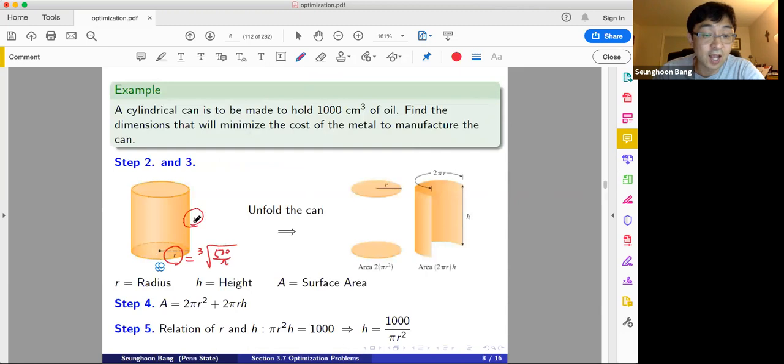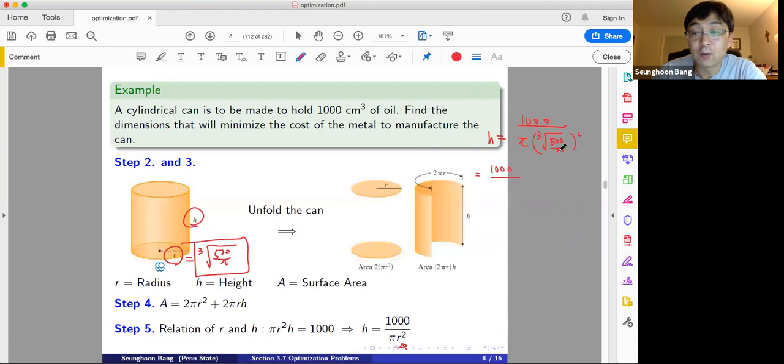You can define h. How can you find h? You plug this value in here. You can plug into 1000 over pi r squared and calculate. So h is 1000 over pi times the cube root of 500 over pi, squared. You can change this to 1000 over.